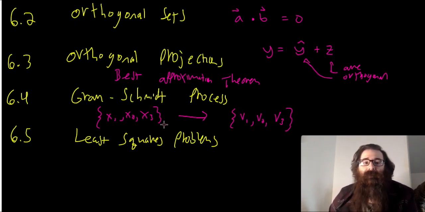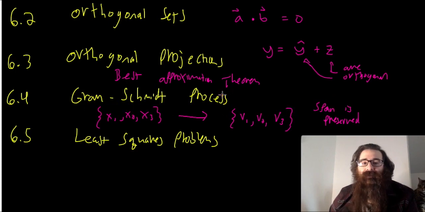But what was really special about this is that when I'm going through the Gram-Schmidt process, span is preserved and not altered. The span of the sets is preserved, and that's amazing because we're not really losing out on anything. We're gaining all of those nice properties of having orthogonal vectors. And this happens line by line, play by play, as we build this new basis.